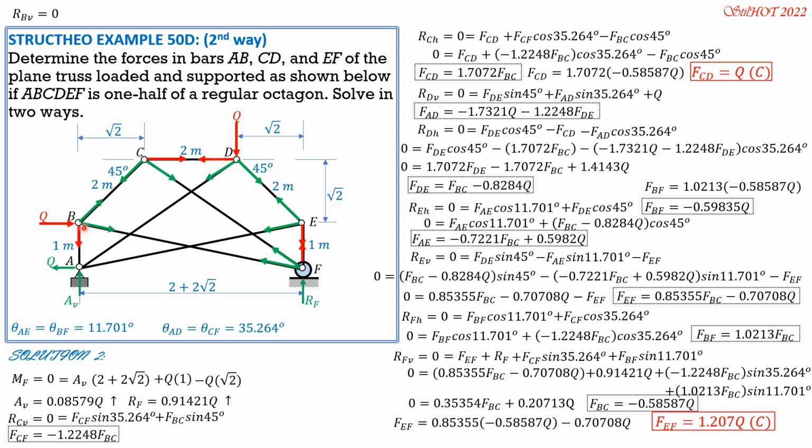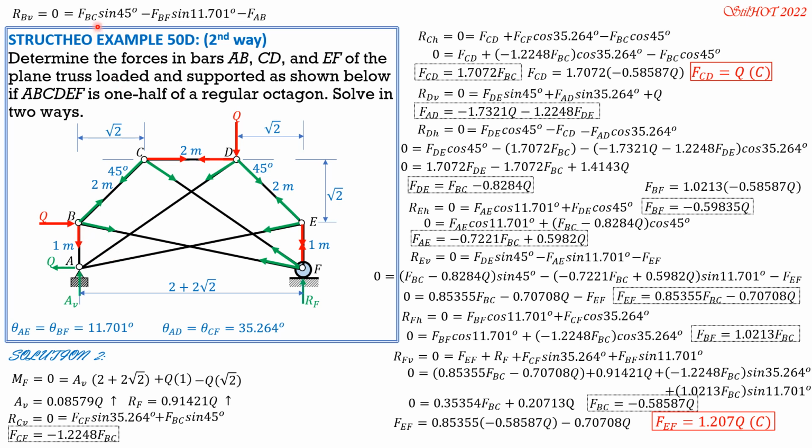These are the forces involved. Then red for FAB. So at B, RB vertical equals 0, because anyway these are in terms of Q already. So 0 equals FBC sine of 45, the vertical component of FBC, then minus FBF sine of 11.701 degrees, then minus FAB.